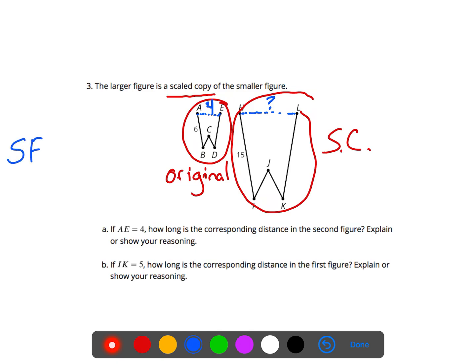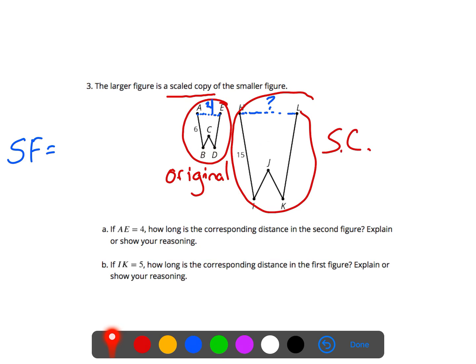The scale factor is going to be found by taking a measurement on the scaled copy and comparing it to a corresponding measurement on the original. Now notice that our scaled copy is getting larger. So right there, that should tell you our scale factor must be greater than 1 in order for that to happen, because we're going to multiply by the scale factor for all other measurements.